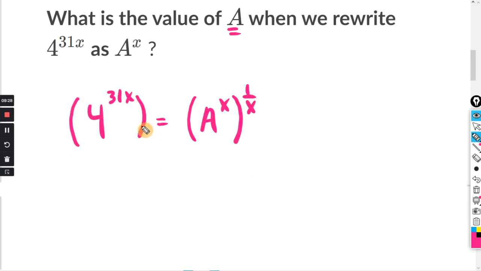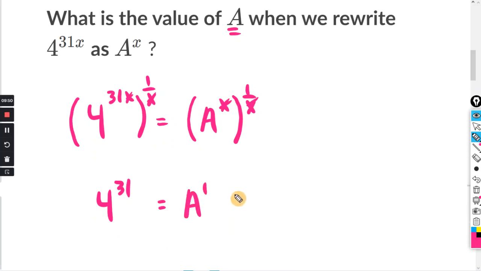Okay, so this whole thing is to the power of 1 over x. And now we just multiply the exponents. We have 4 to the 31x times 1 over x. The x's cancel, and that's going to be 4 to the power of 31. And x times 1 over x cancels, and that's just a to the first power.